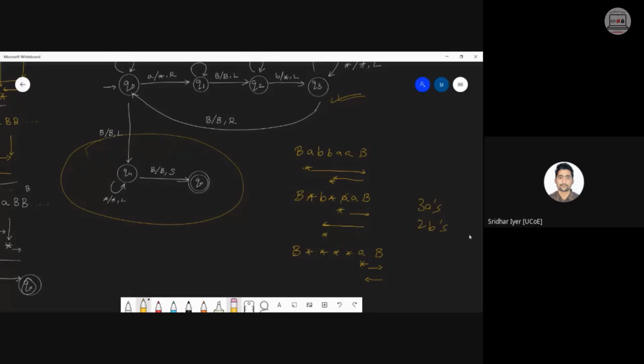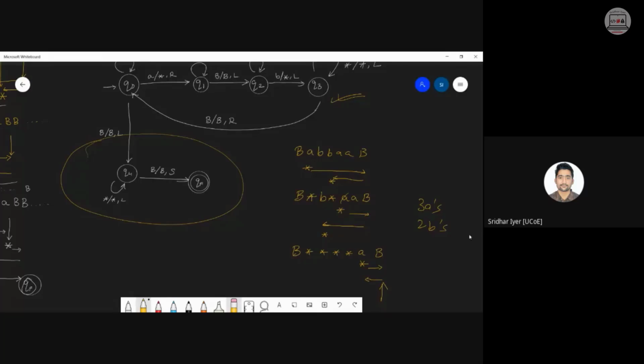So what I need to do is, once I am in Q0 state, I can directly go to the final state QF by staying at the blank symbol only. This will make sure that every single time I'm reading an extra A character, it could be 5 A's more, 4 A's more, whatever, number of A's should be more than number of B's.